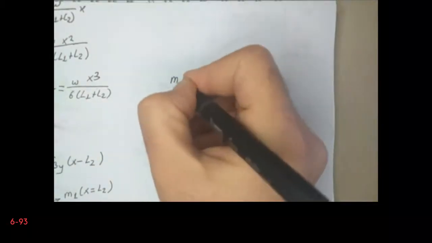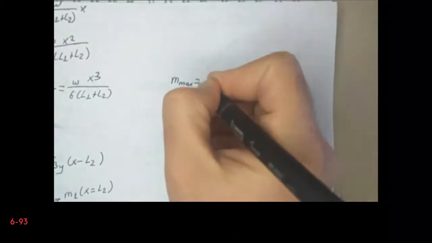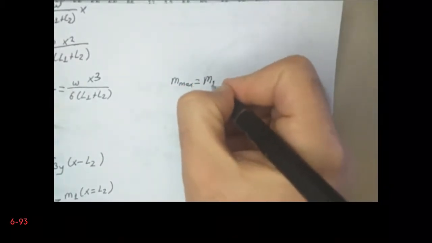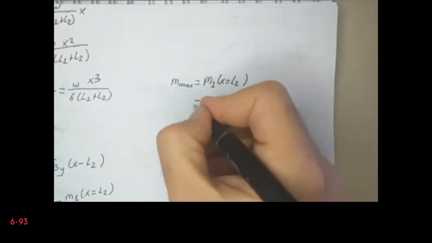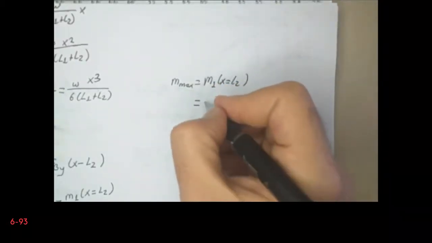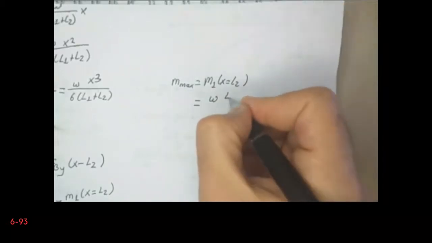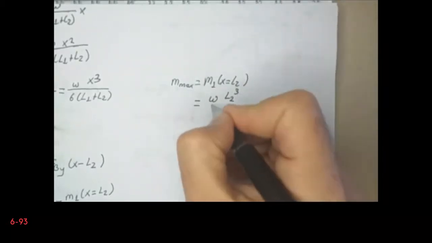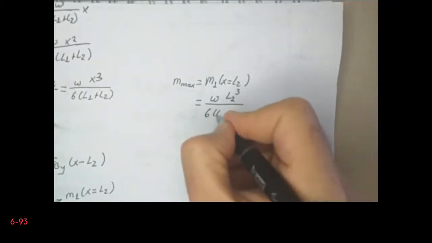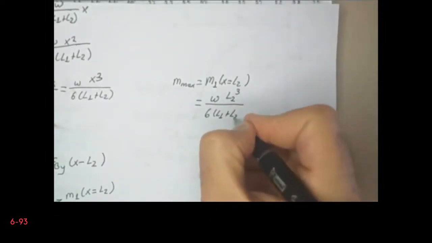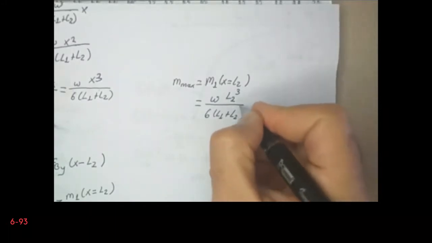The maximum bending moment is m1 at x equal to L2, and that's equal to W L2 cubed divided by 6, times L1 plus L2.